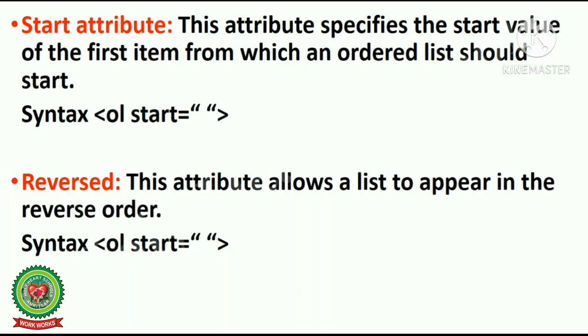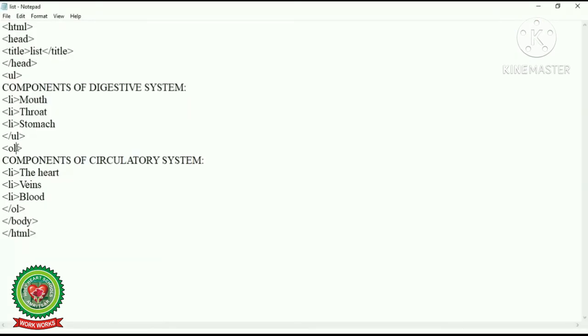And by default ordered list start at 1. Let's see how. Here I want to start my ordered list from 5. So under OL tag give space and write start is equal to, in double quotes you will write 5.